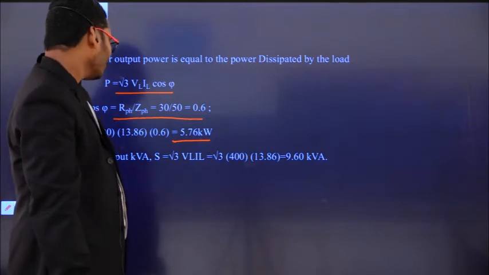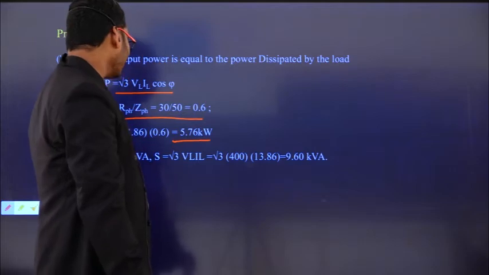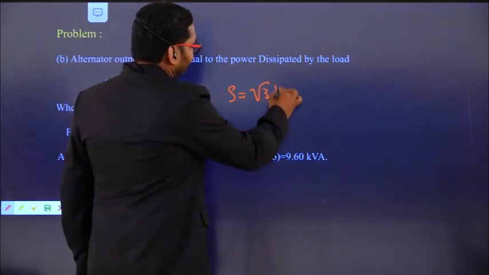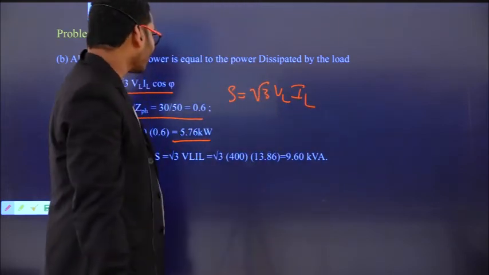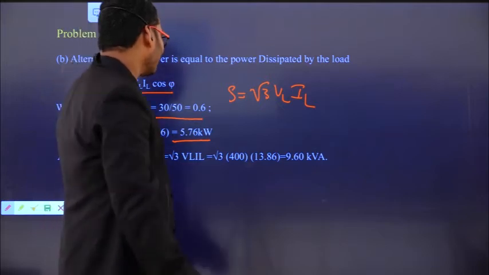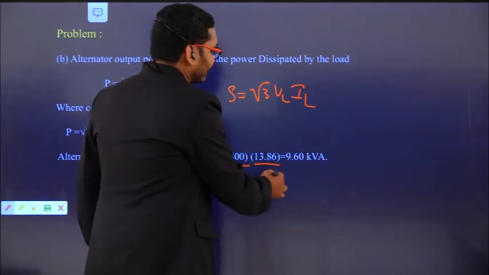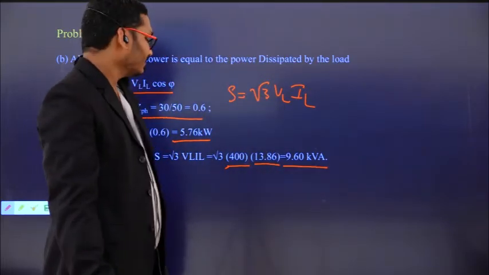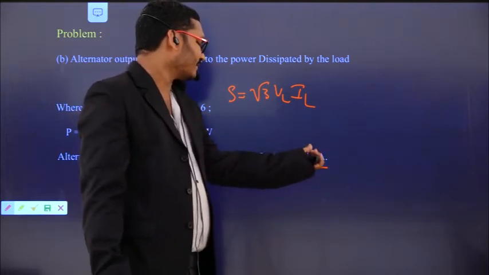If you want the kVA rating of the alternator, S equals √3 times VL IL. This is called apparent power, also the VA rating of the alternator. So √3 times 400 volts times 13.86 gives 9.60 kVA, or 9.6 times 10 to the power of 3 VA.